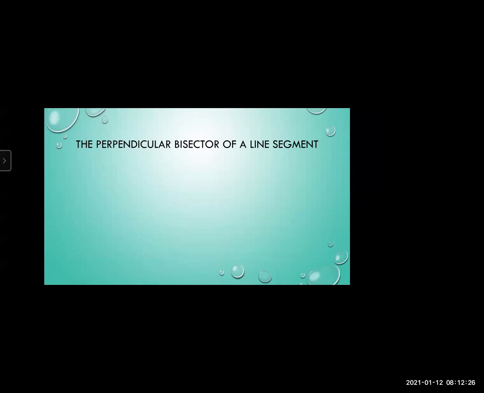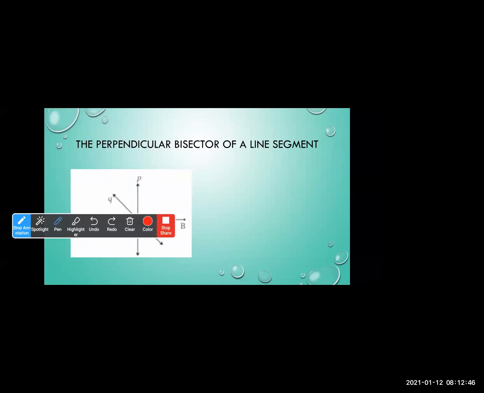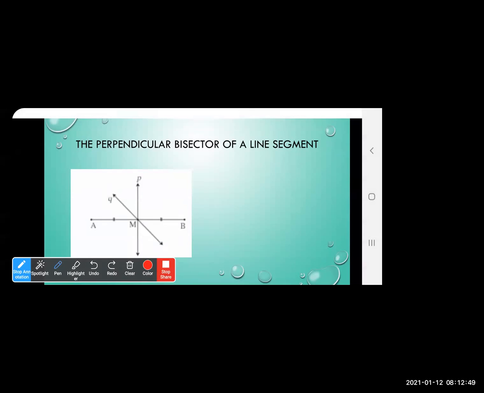Suppose you are drawing a line and you want to divide that line exactly into two equal parts, and you also have to keep in mind that it should be at right angle. Then what is that? See here, in this figure, there is one line P and another line Q. There are two lines passing through the point M on the segment AB.